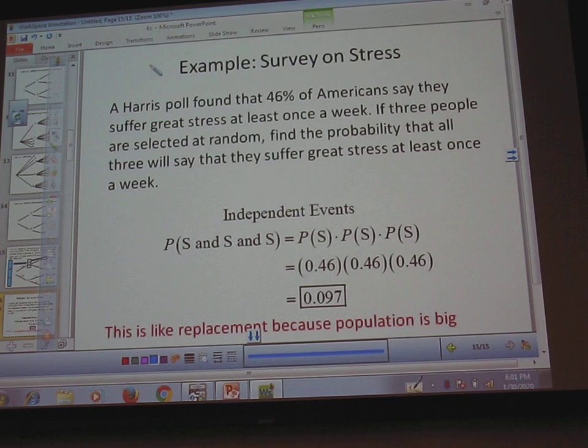Great. So, this is what's going on. We're picking people. What's the probability that she suffers great stress at least once a week? What is that? 46%. Great.